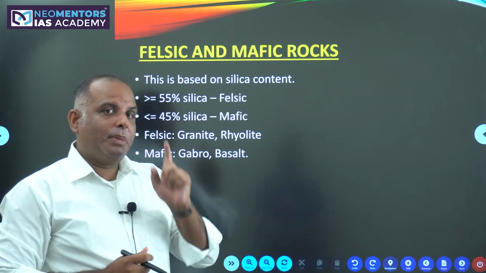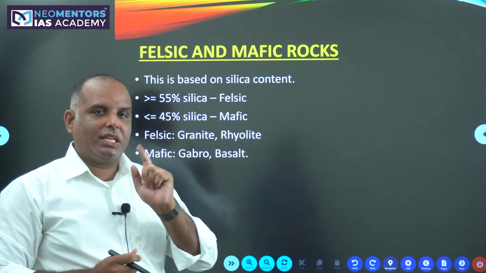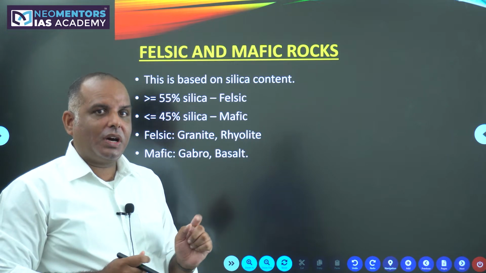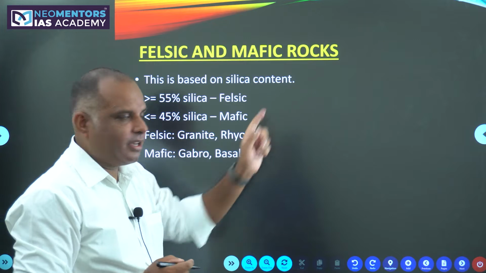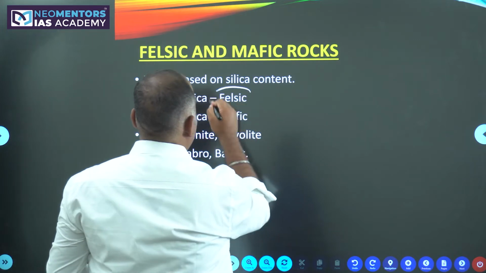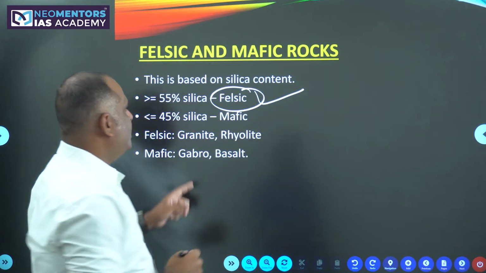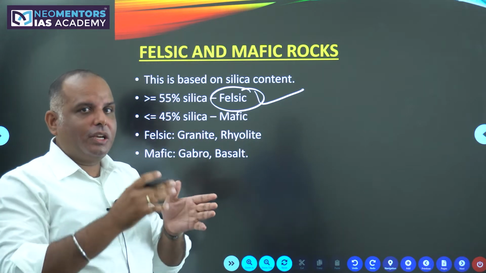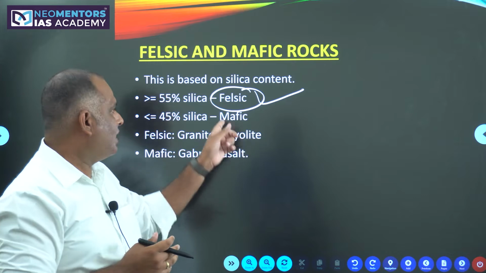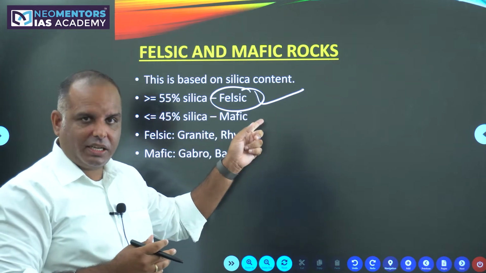Also, based on the percentage of silica, the rocks are further classified into felsic and mafic. Felsic, if the composition has greater than or equal to 55% of silica, then it is called felsic.